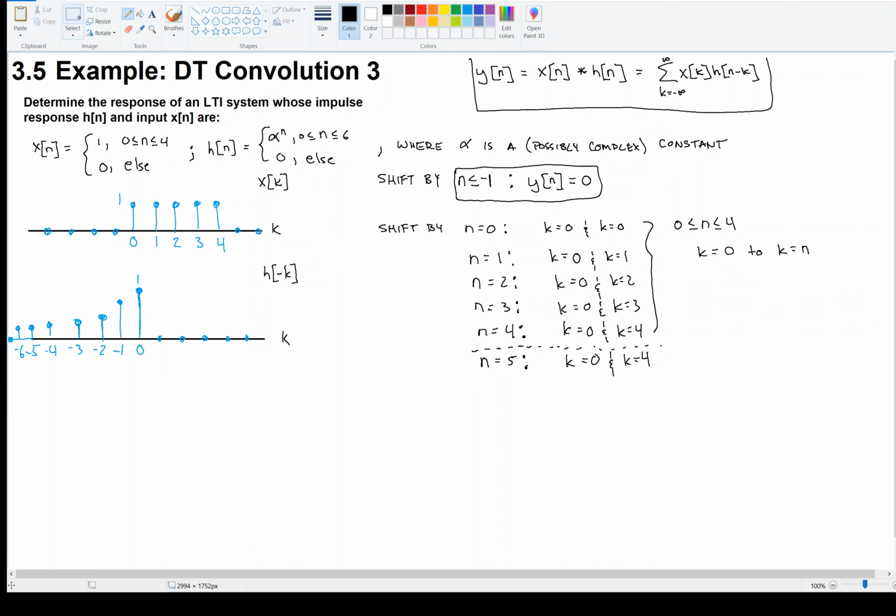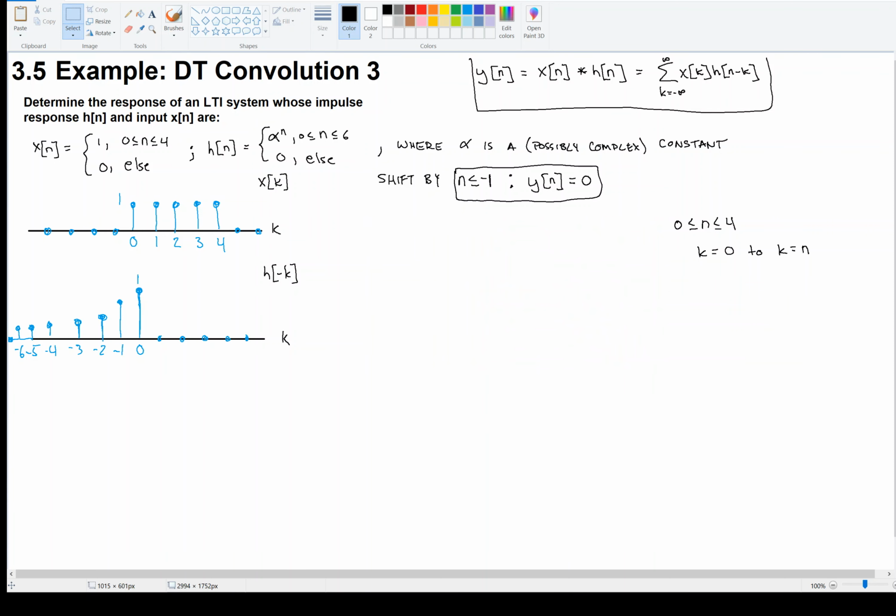Okay, so I'm going to erase this. Now I'm going to work on my convolution sum. So again, for this range of n, y of n is, now I don't need to add up an infinite number of zeros, right?